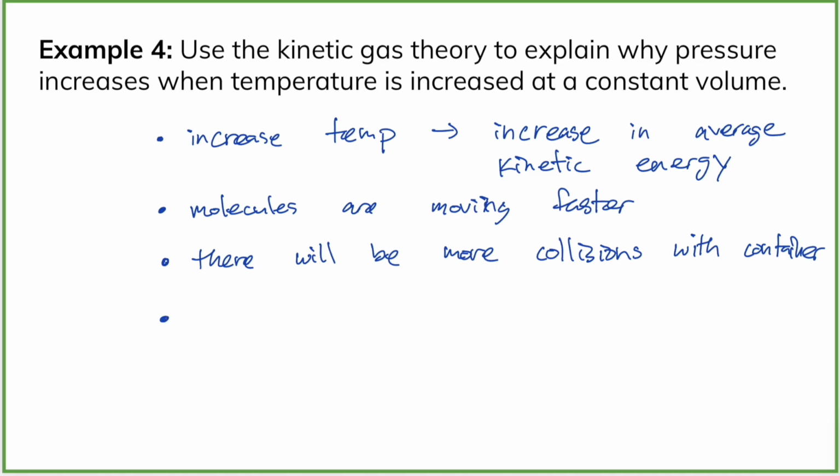But also, in the collisions now, there's a greater change of momentum, because the change in momentum is mass times velocity, or in this case speed. And because they're moving faster, there's a greater change in momentum, which means a greater rate of change of momentum. A greater impulse leads to a greater rate of change of momentum, which means there's a greater force.